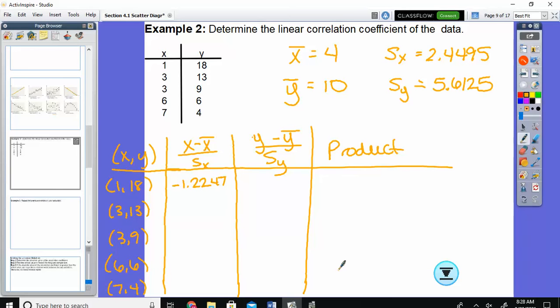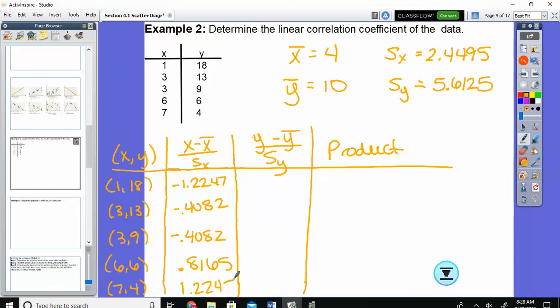And so for the second one, I just need to change my 1 to a 3. This one has the same x value of 3, so this x one is the same. And I have it as my x is a 6. And then a 7.